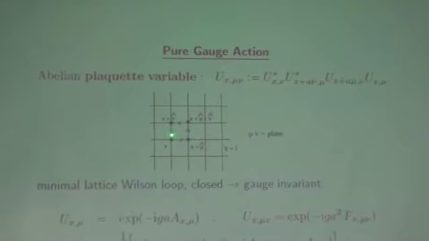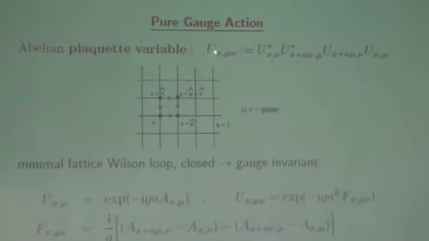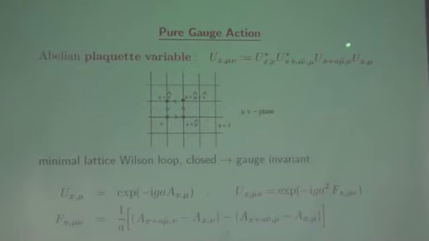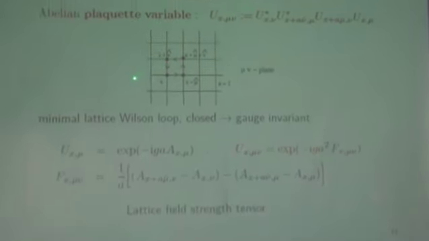This is an example of a Wilson loop, and we call this now the plaquette variable. Since it is built of link variables, it is again an element of the group. Here U in general could be any Lie group. And since the initial point and the end point are the same, this object is now fully gauge invariant.